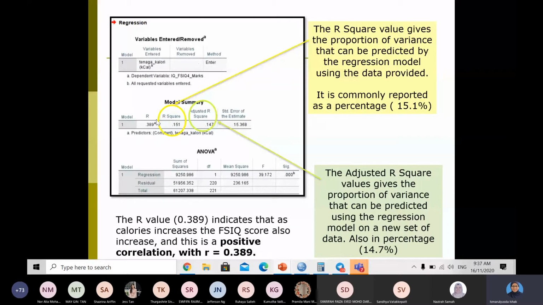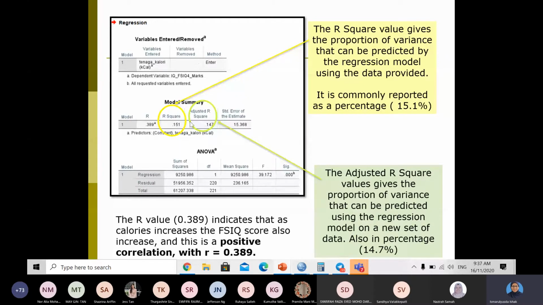The R square value here gives the proportion of variance that can be predicted by the regression model. The commonly reported value is the percentage, so 0.151 means 15.1%. The adjusted R square gives the proportion of variance that can be predicted using the regression model on a new set of data, so 14.7%.